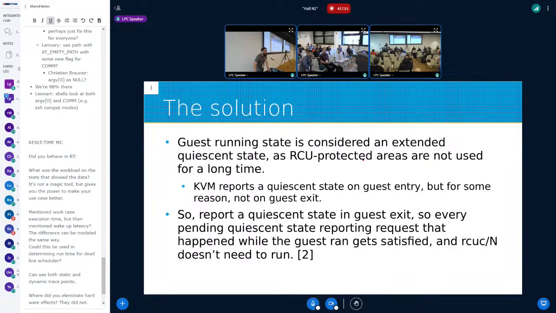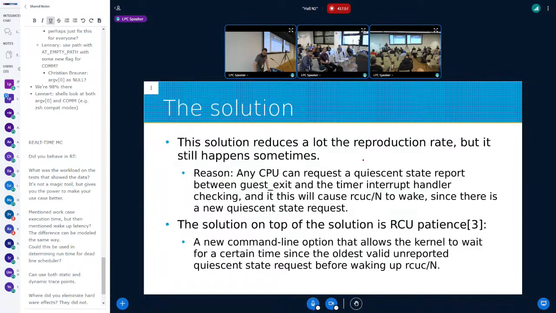Then you just left the guest state, but there is a chance that after you just exited, you receive this request from another CPU from synchronize RCU, and when your timer interrupt hits that part of its routine to check for RCU reporting, it will just run RCU-C anyway.